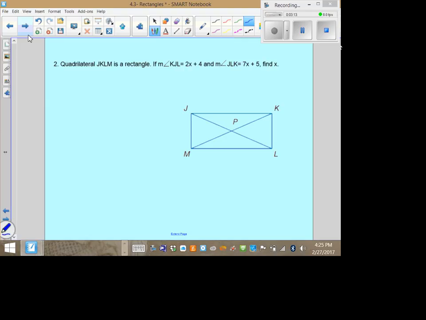Example number 2: quadrilateral JKLM is a rectangle. If the measure of angle KJL, this angle right here, is 2x plus 4, and the measure of angle JLK is 7x plus 5, then we want to find the value of x.